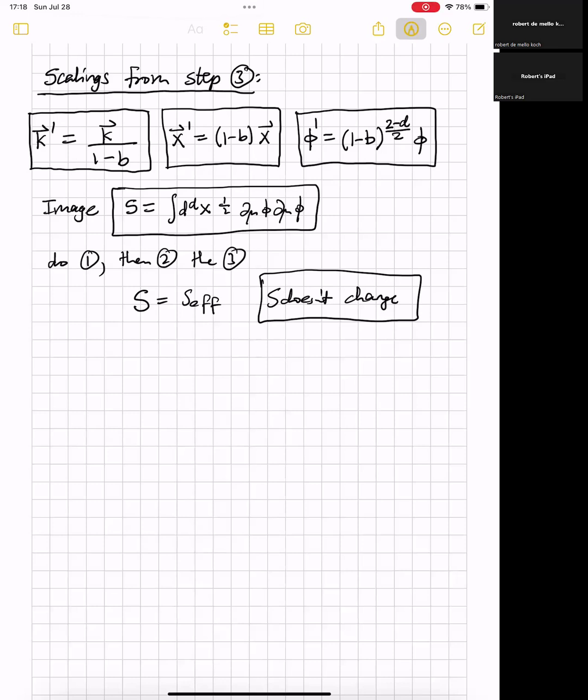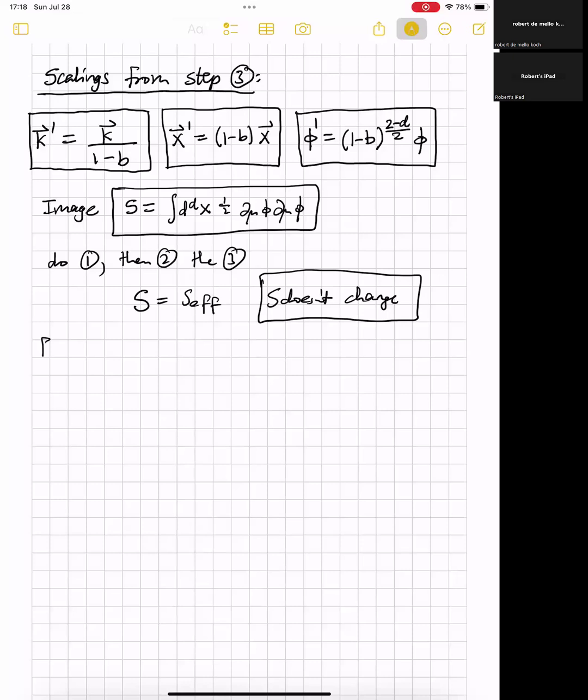The sizes of the different terms in your action will change, and you'll move to a different point in the space of all possible theories, okay? That change in the action, the way you move around in the space of all possible theories, is a smooth change. You will trace out a trajectory, and this is called a renormalization group trajectory. And moving along that trajectory is called a renormalization group flow.